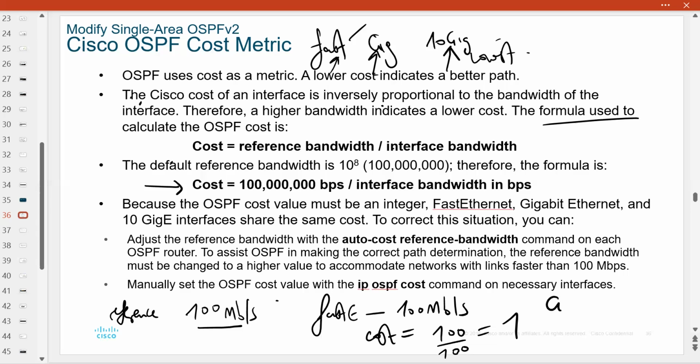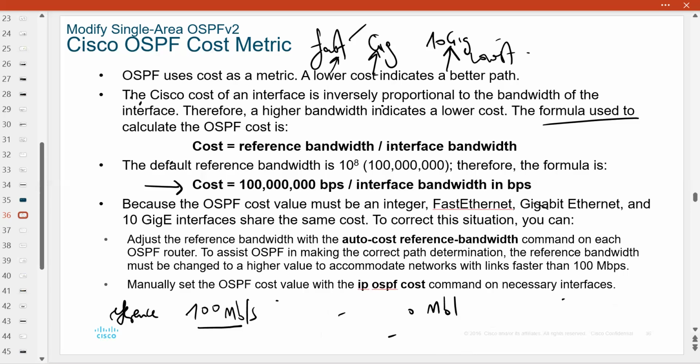For Gigabit Ethernet, it will be 100 megabits over 1 gig. And 100 megabits over 1 gig is 0.1, which will be the cost for a Gigabit Ethernet interface. And lastly, for 10 Gig Ethernet, it will be 100 megabits divided by 10 gig, which is 0.01.